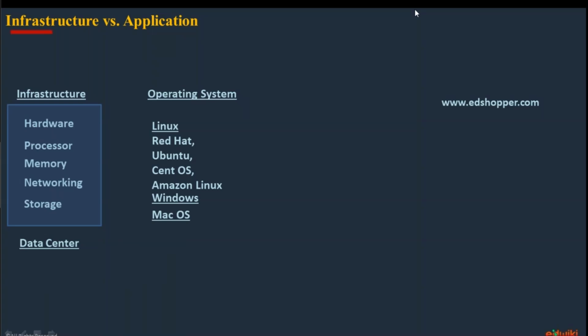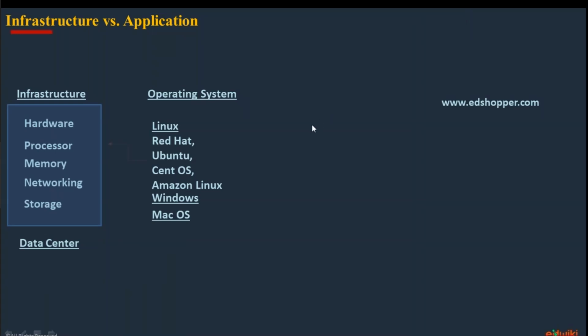Now, come to a simple example here. You go and purchase a laptop, and you get one operating system, maybe a Windows one. Is that enough, guys, to start using your laptop to meet your needs? Not really, right? Having an operating system is not enough to start working or to start using your system as per your needs.